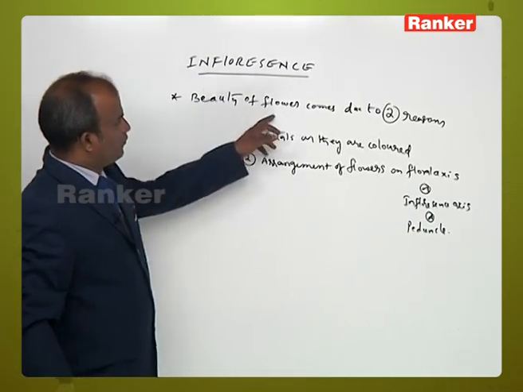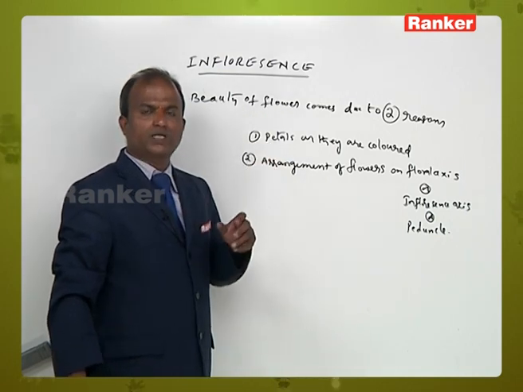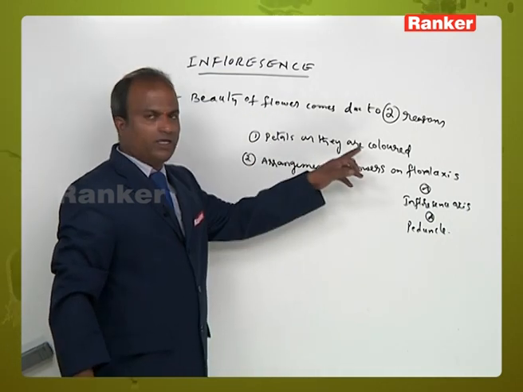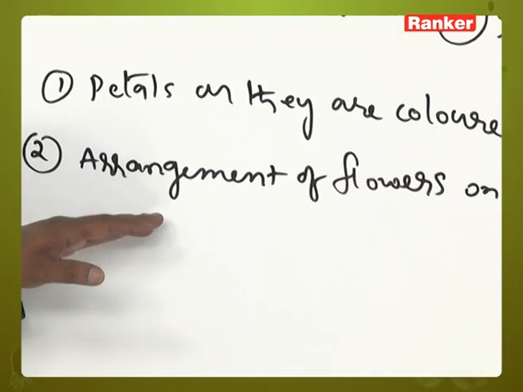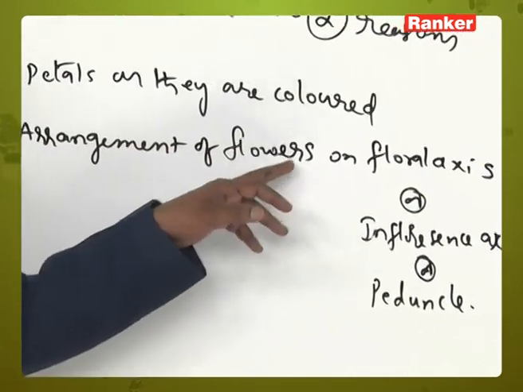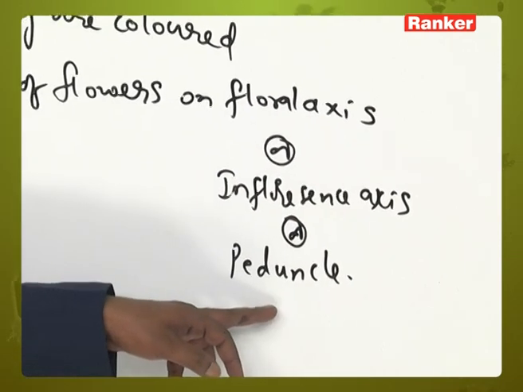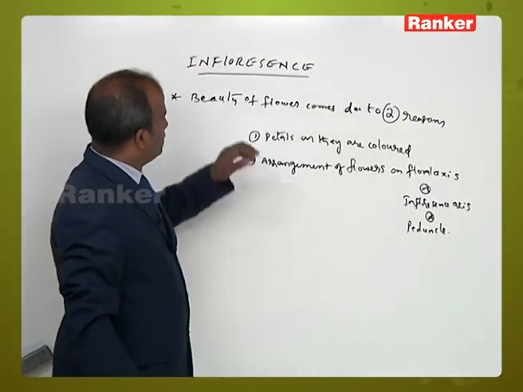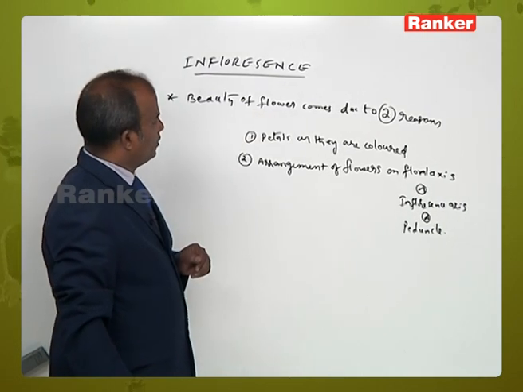That means beauty of flowers comes due to two reasons. One, the petals of a flower as they are colored. And second, the arrangement of flowers on floral axis or inflorescence axis or peduncle itself gives rise to beauty of flower.